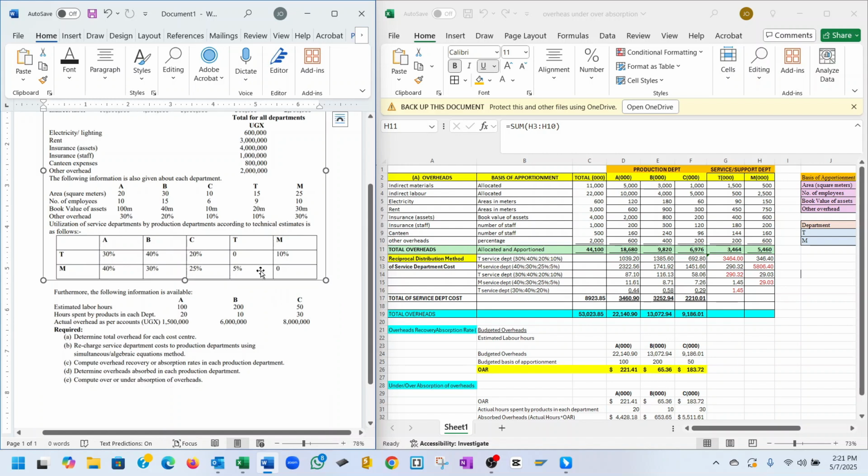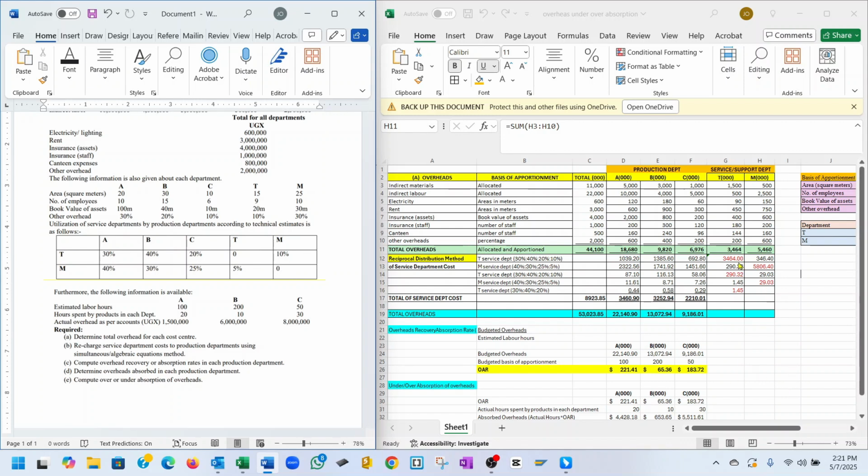So in order to start, you start with T department first before you go to M department. So for T department, the cost that needs to be shared is the overhead cost, which is 3464.